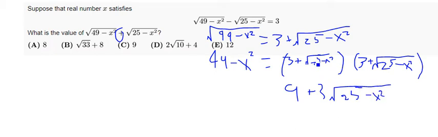Then the square root of 25 minus x squared times 3 is the same thing, so we can add those two together. This 3 can change into a 6. And then the square root of 25 minus x squared times the square root of 25 minus x squared is 25 minus x squared, because we just get rid of that square root.